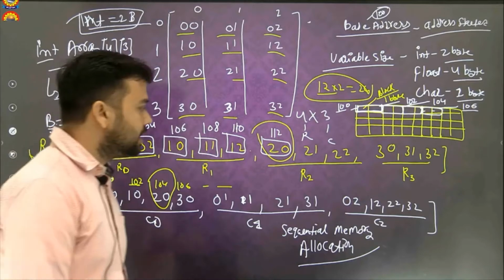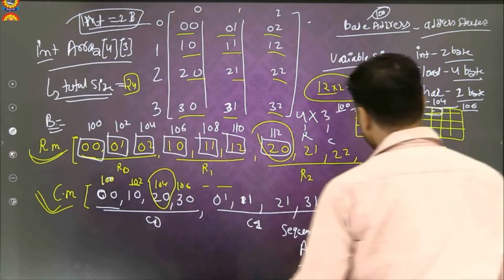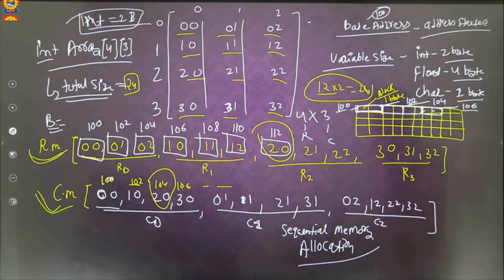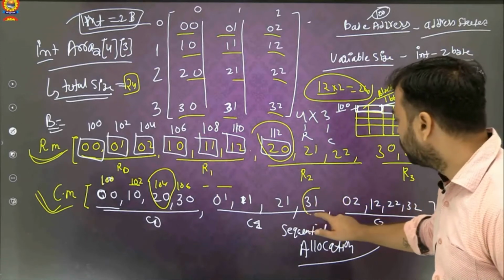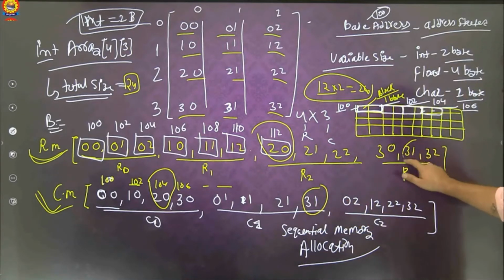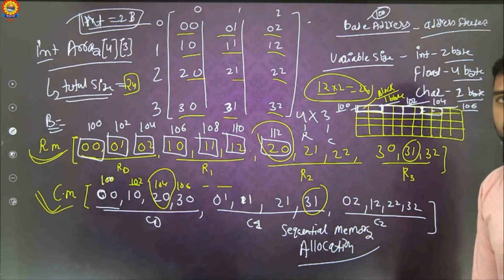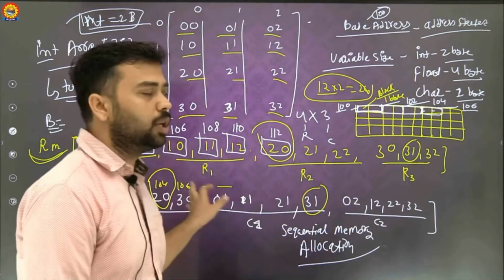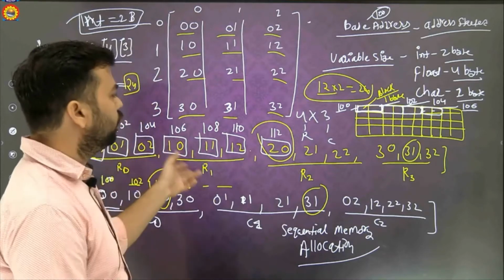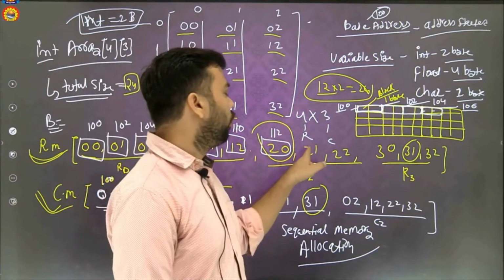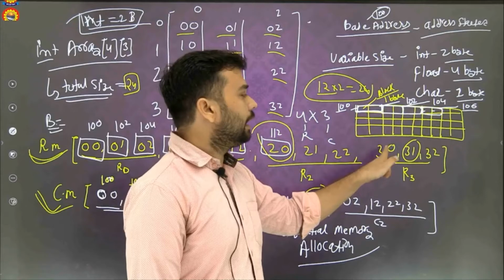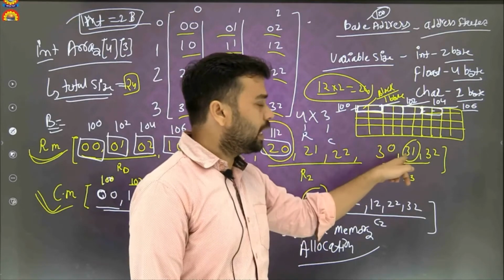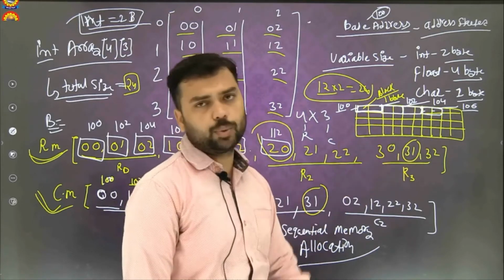Now suppose I am asking what is the address of element number 31 in the case of row measure and in the case of column measure. By seeing this array you can say, generally adding 2 and 2 and 2. So 12, then 14, then 16, then 18, then 18 plus 2, we can say 20.